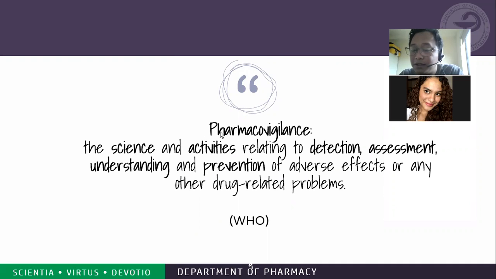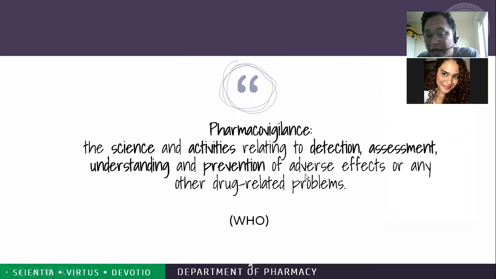So, pharmacovigilance is the science and activities relating to adverse reactions, detection, and so on. Please be reminded that adverse effects are similar to adverse reactions, but it is different from adverse event.